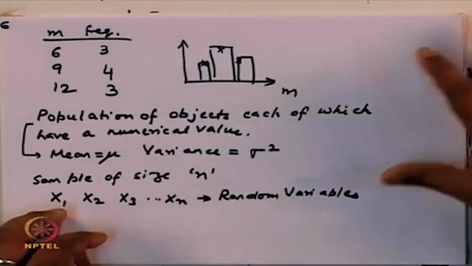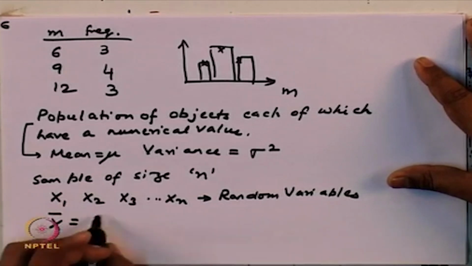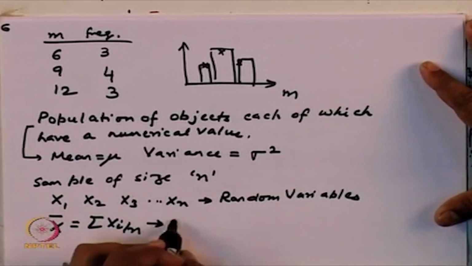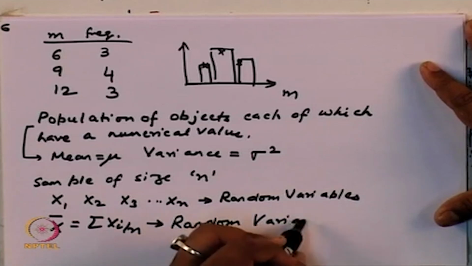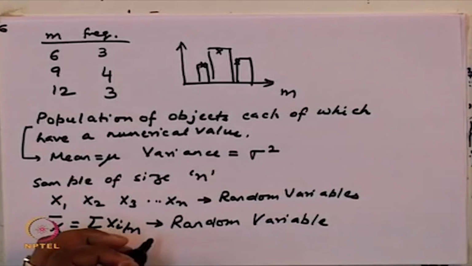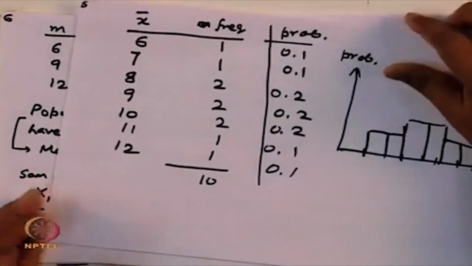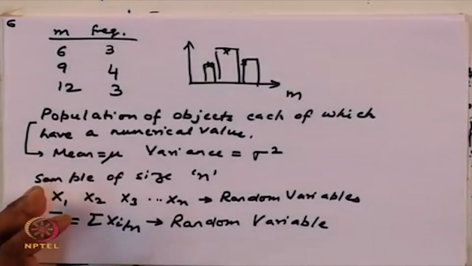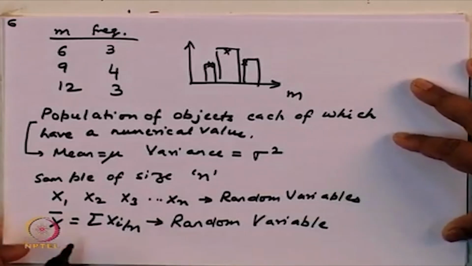Hence, random variables. This also means that if I define x bar equal to summation xi by n, x bar will also be a random variable, which will have a given probability distribution. This was the probability distribution for the sample mean that we calculated when we drew a sample of 3 from 5 numbers. So, depending on your population size, you will get x bar. x bar is itself a random variable.